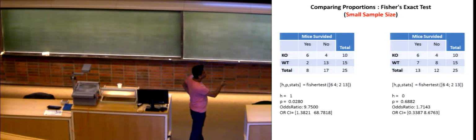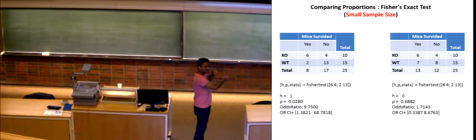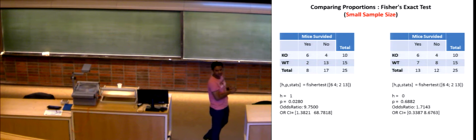So meaning that sometimes you might get 8.6 as odds ratio, but do not believe that. What you have to believe is the confidence interval. If the confidence interval contains 1, it is very likely that just by chance you might get 8.6, but it is very likely that you will get an odds ratio of 1, meaning that there is no difference between knockout and wild type. Yeah?